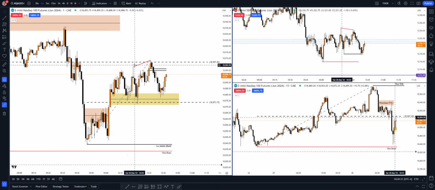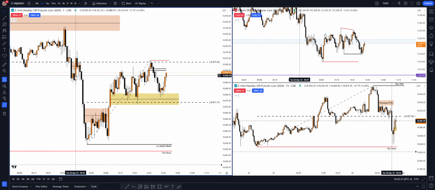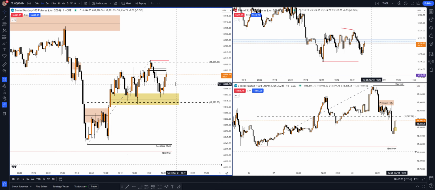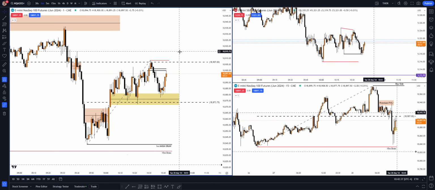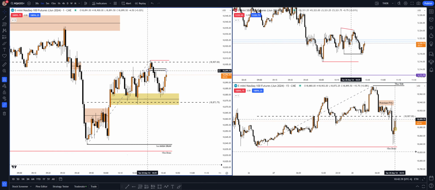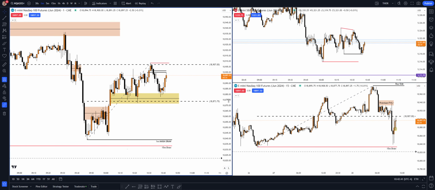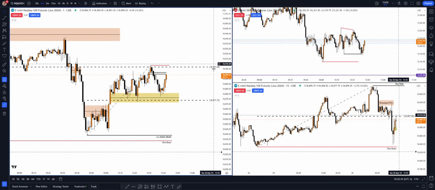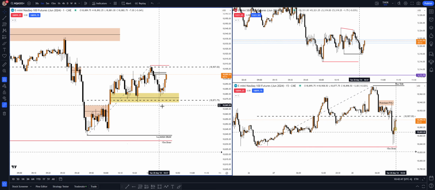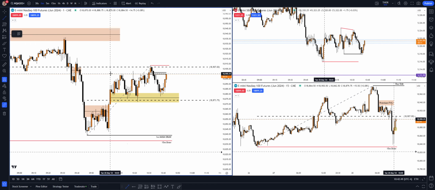Guys, if this goes for the high again, I'm probably going to call it for the morning session, because if it violates the high again, it becomes quite large, going from highs to lows, highs to lows, kind of like a broadening range pattern or whatever it's called.